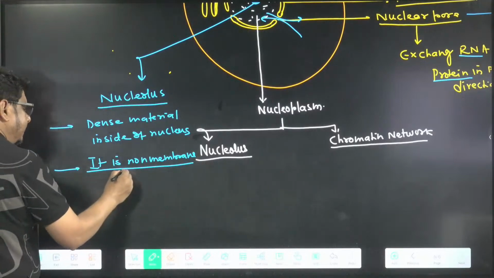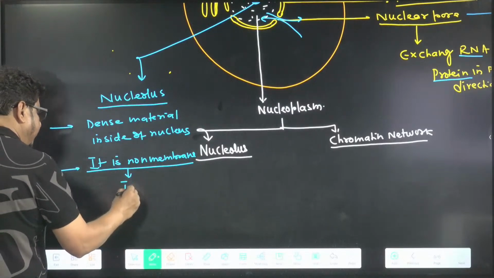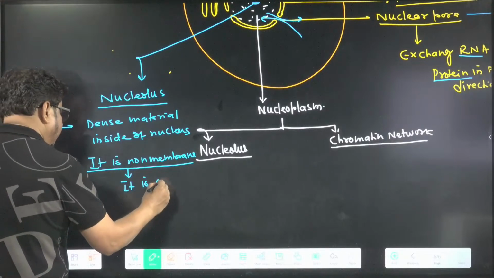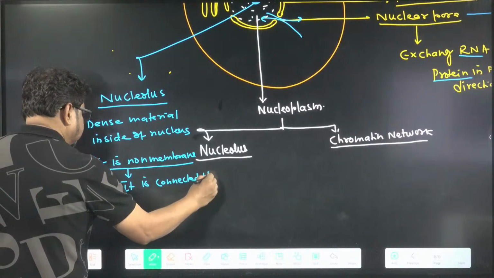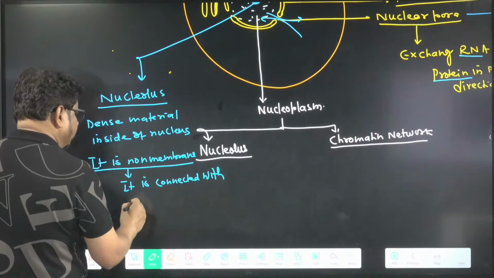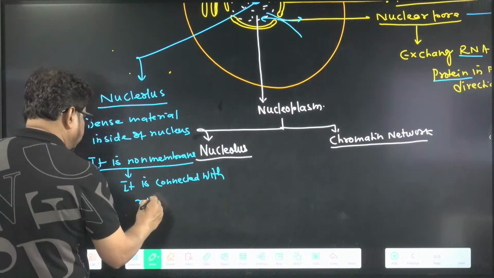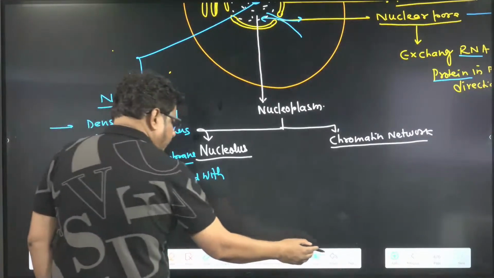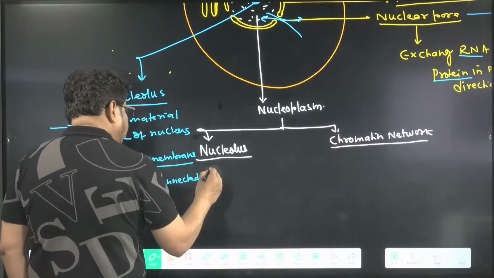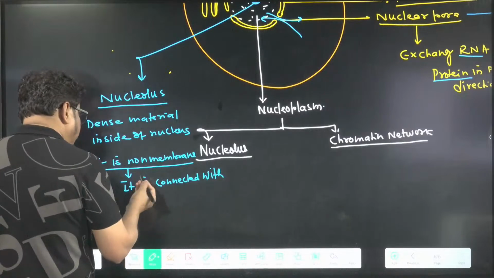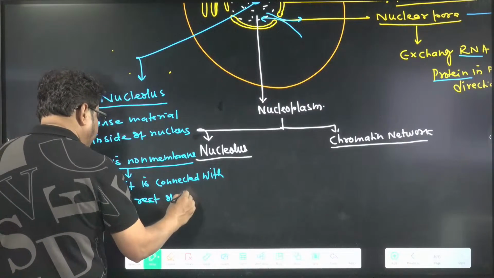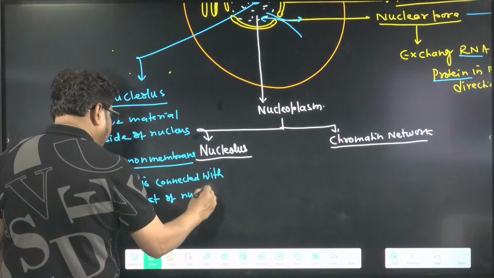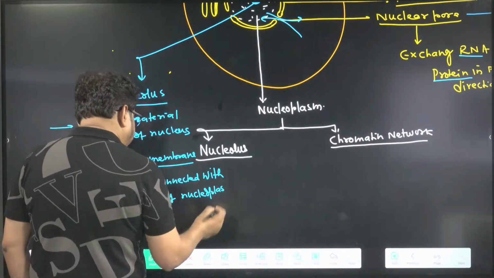And that is the reason NCERT wrote it is connected with the rest of nucleoplasm. Because boundary is not there. If any boundary is not there, so it is continuous.